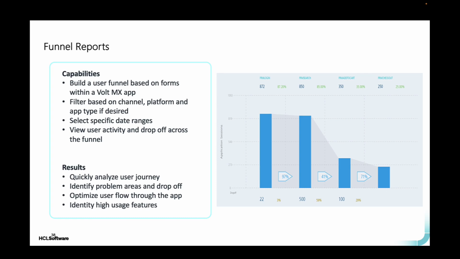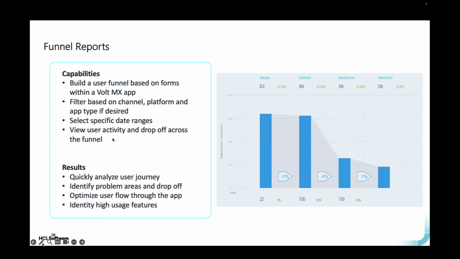So the funnel report is built with this in mind, to see how the user funnel is, how many people, for example, started the login, how many of them went to search, how many of them added to cart, and how many from that actually ended in checkout, right? So you can filter this based on channel, platform, and app type, and other stuff that you already saw in the standard reports as well.